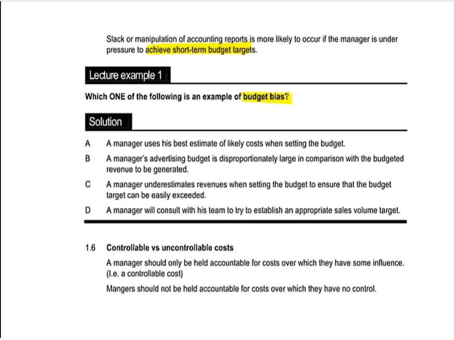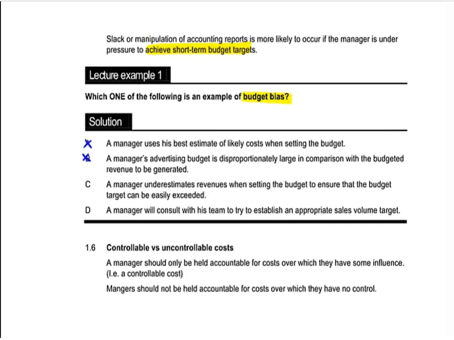In A then, they're using the best estimate of likely costs. So that one isn't going to be, or there's no indication that it is. The advertising budget is disproportionately large in comparison with the revenue generated. Well, might not seem like a great idea strategically, but there might be other reasons for it. It's not necessarily bias.